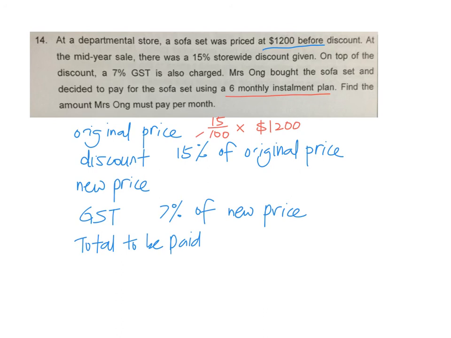So how much would she have to pay per month? So don't worry if you don't understand the word installment. You see, she decided to pay for the sofa set using a 6-month plan. Now find the amount that Mrs. Ong must pay per month. So you should read these two sentences and see the link. 6 months and then per month. So if the 6 months she needs to pay for everything, how much would she pay for per month?